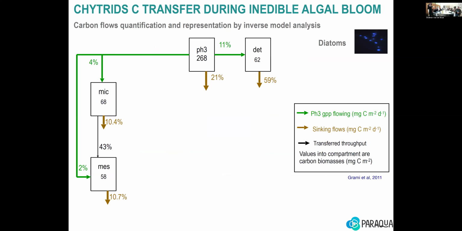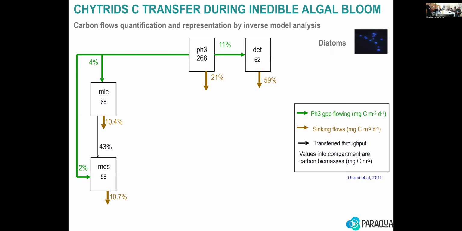What we did was start by modeling the carbon flow without chytrids, and then we wanted to compare. So we will focus on these compartments: the large phytoplankton, between 20 and 150 micron, the detritus pool, the microzooplankton and the mesozooplankton.